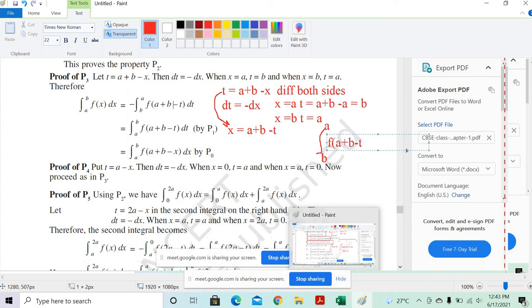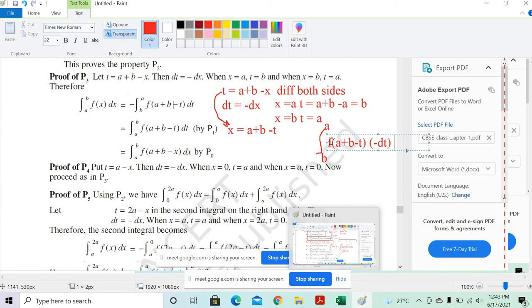And dx is minus dt, so here it is minus dt, correct? Now the minus sign comes here, you reverse the limits, so it becomes a to b, and the minus gets cancelled.